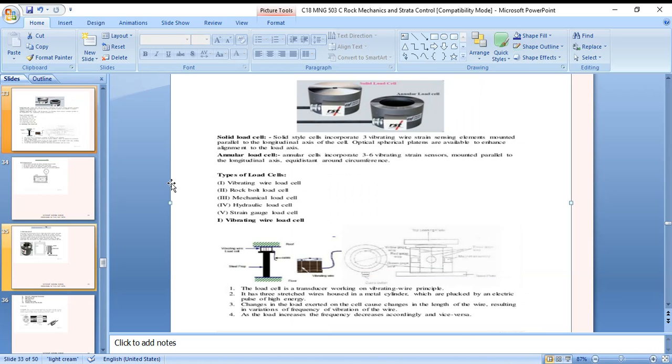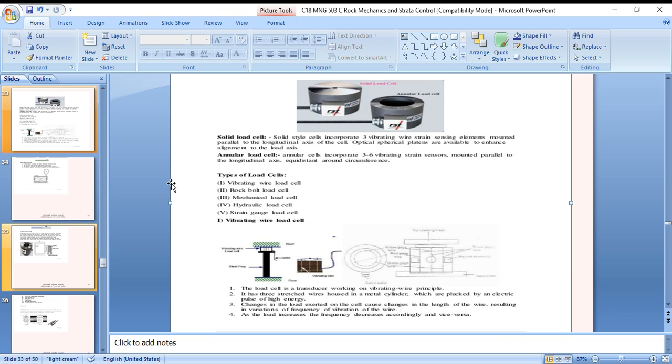These are solid load cells and annular load cell types of load cells: vibrating wire, mechanical, hydraulic, strain. The load cell is a transducer working on the vibrating wire principle.